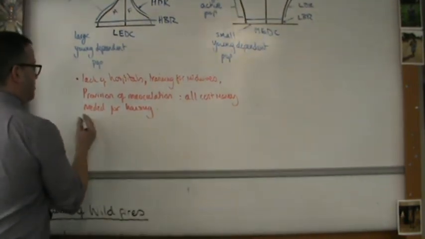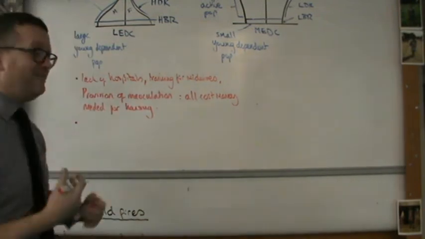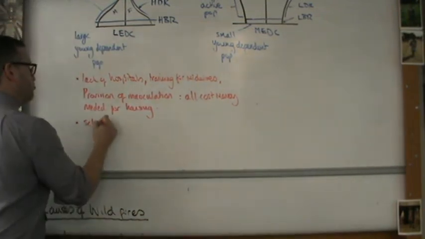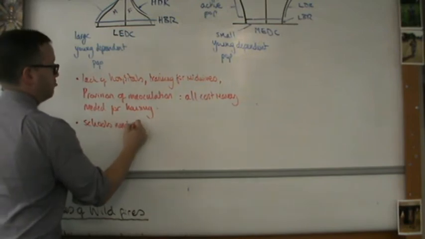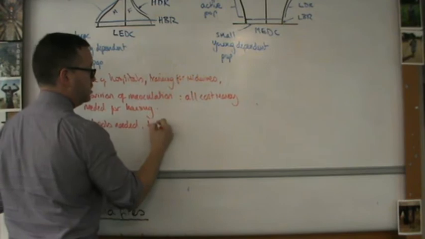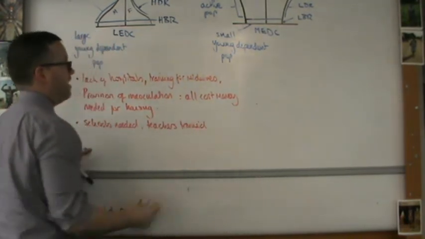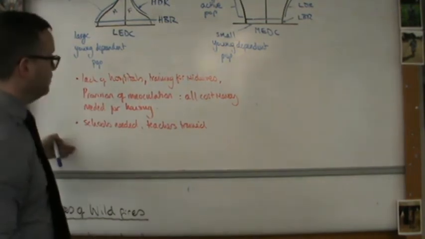Other things we might talk about here are the fact that these young children are also going to need to be educated. Schools needed. Don't stop there, expand beyond that point. Teachers need to be trained. You might see parallels between my first paragraph and the second.